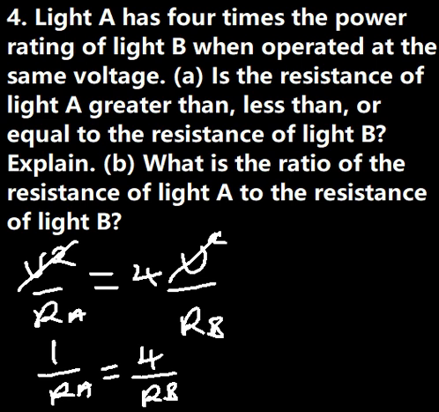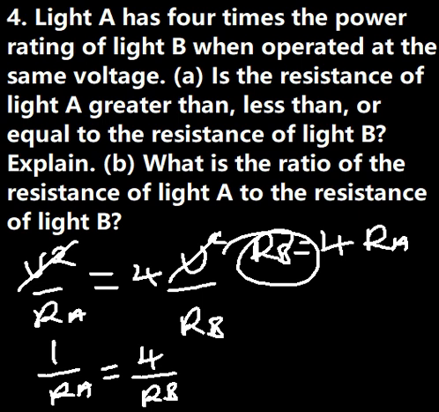Let's cross multiply, so that we have RB is equal to 4 times RA. Which means the ratio of the resistance for light A will be given as, let's think of dividing everything by RB.